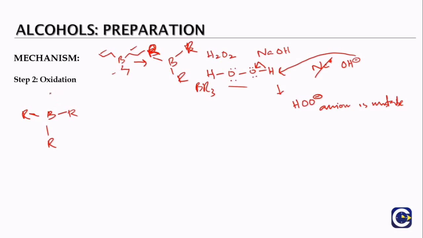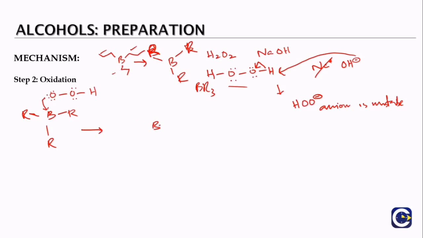Now we have this unstable anion, which is very reactive. This now acts as a nucleophile and will be attacking the boron. Its attack on boron will be like this, and we'll get a structure.